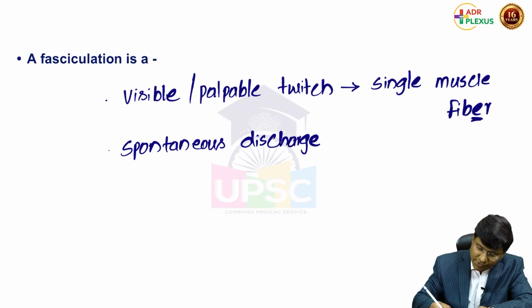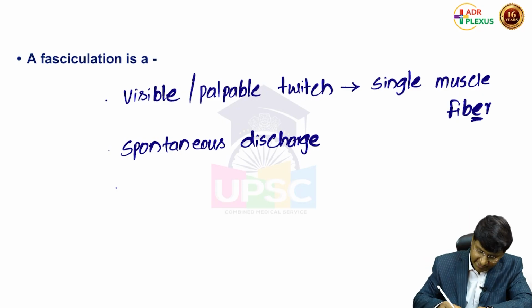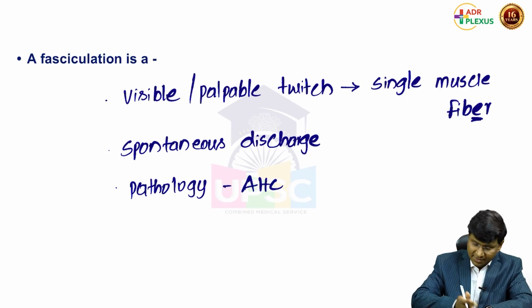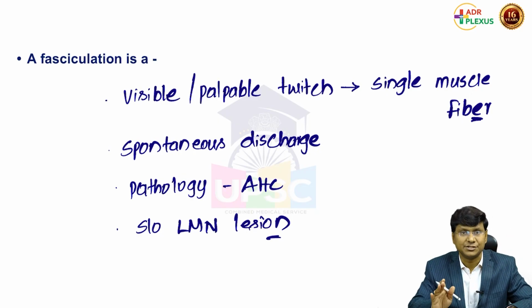This is due to spontaneous discharge of one motor neuron. The pathology for the development of fasciculation is within the anterior horn cell, and it is a sign of lower motor neuron lesion.